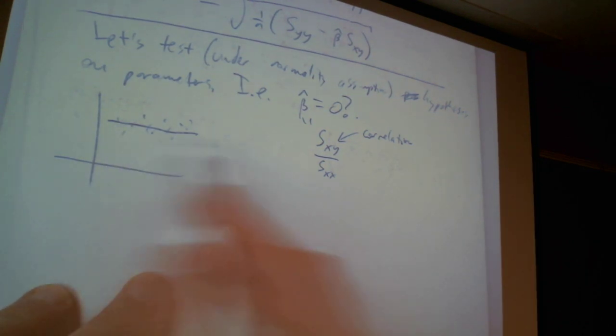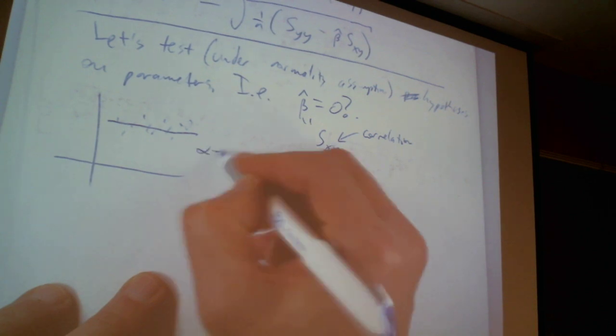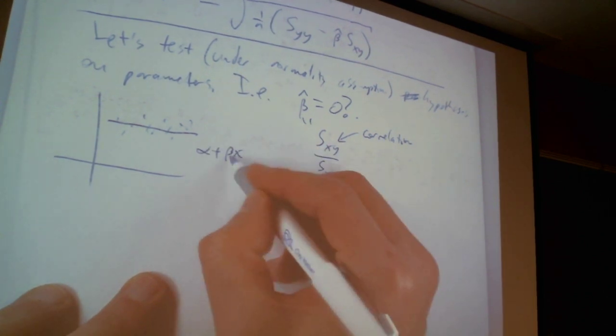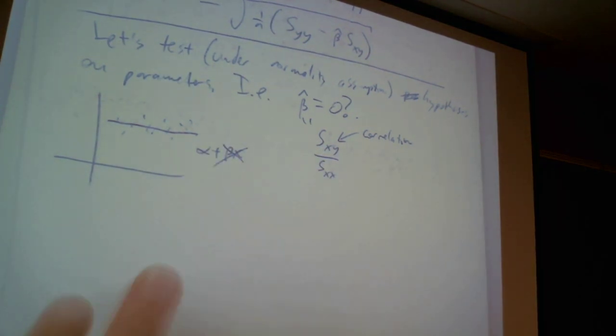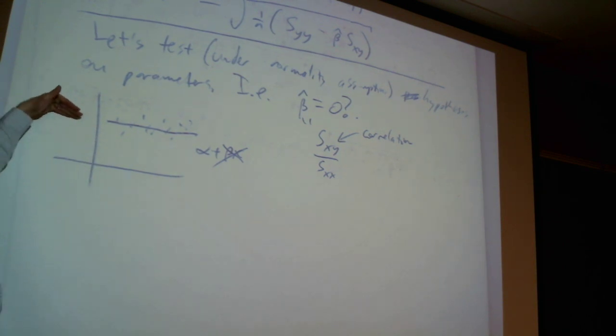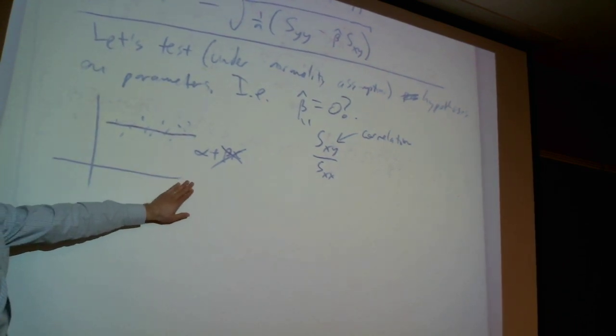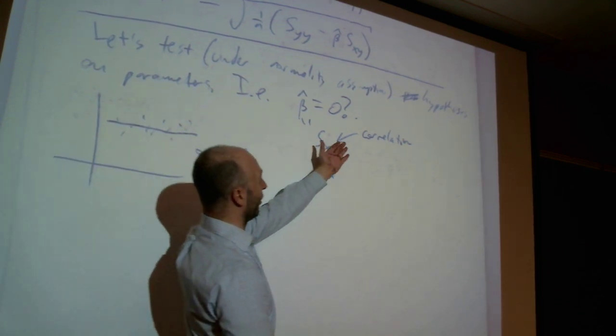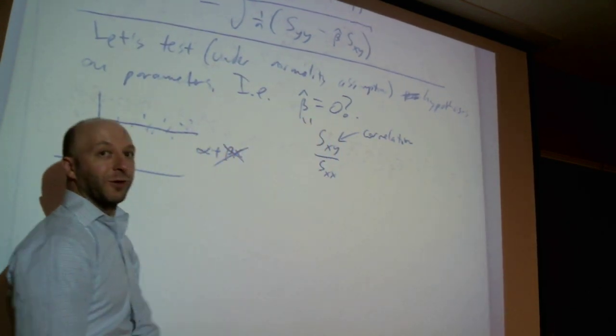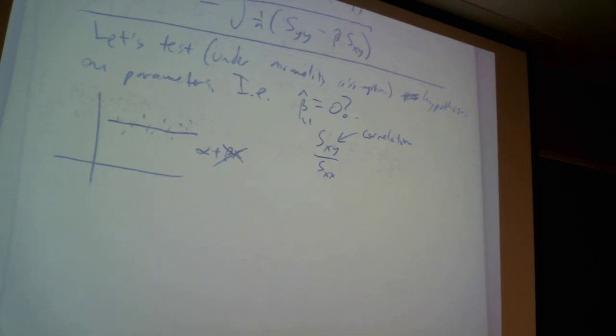If the optimal line is a horizontal line, a line alpha plus beta x where beta is 0, it's just a straight line across, that means the value of y in no way depends on the value of x. It's that they're uncorrelated, right? That there is no actual correlation. We want to show that they're correlated, so we'll test whether they're uncorrelated as a null hypothesis.